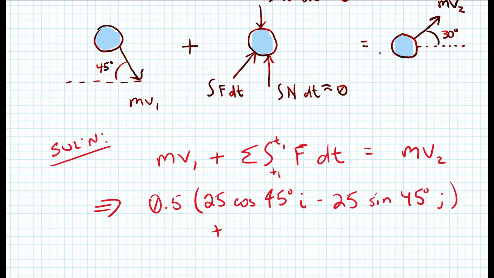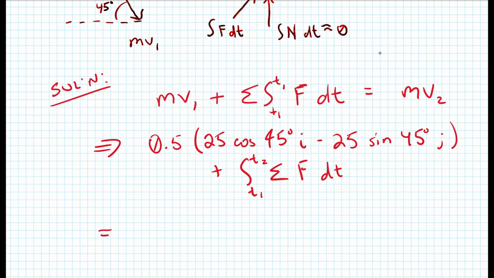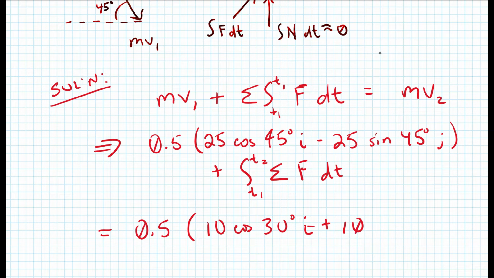plus the integral from t1 to t2 of F with respect to dt, and that's going to equal 0.5 times 10 cosine 30 degrees i plus 10 sine 30 degrees j.